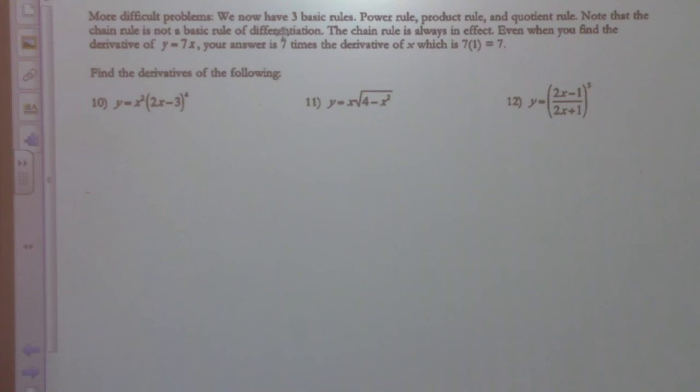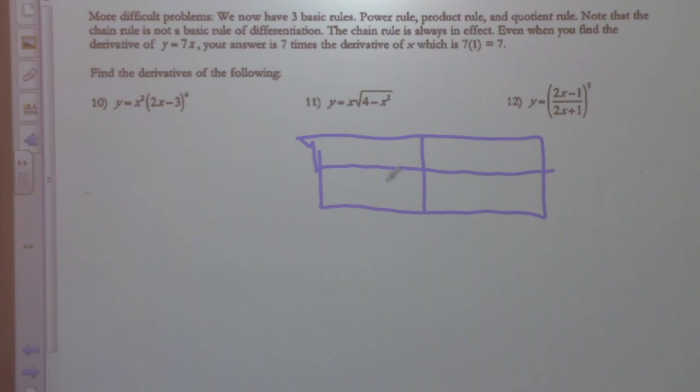Okay, let's check it out. What I'm doing is looking at a product of 2 functions here. Here we have x squared, and the derivative of x squared is 2x. And then we have 2x minus 3 to the 4th power.